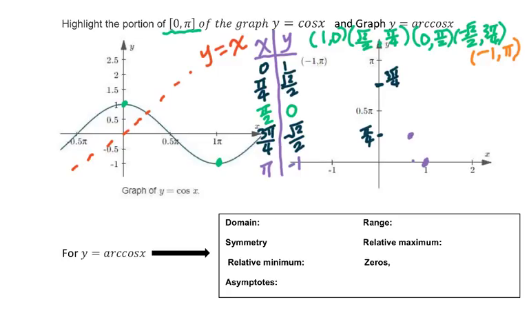And 0, pi over 2 is here. Negative square root of 2 over 2, kind of like negative 0.7, you got 3 pi over 4. Then for negative 1, you got a pi. So we connect these 5 points.